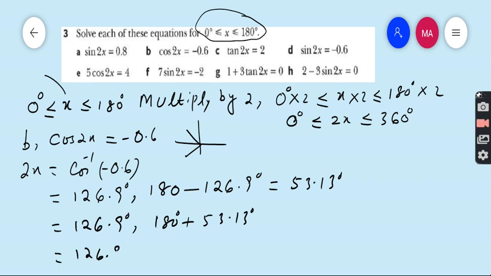So 2x is equals to 126.9 and 180 plus 53.13 is 233.13.